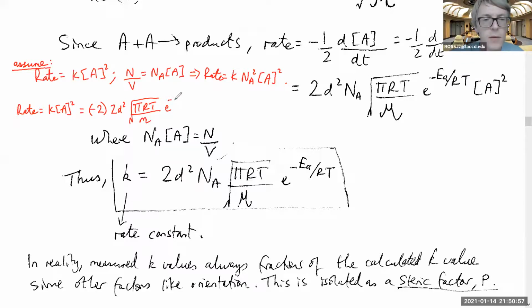Then we had e to the minus E_A over RT. Then we had N over V squared, but N over V is just N_A A, so N over V squared is N_A squared A squared.